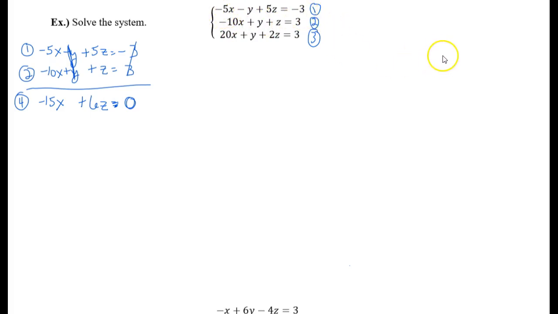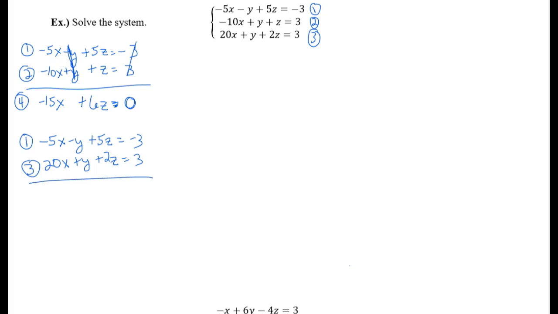So using equation 1, copying it down, I didn't have to multiply by any factors here. And then equation 3 this time. 20x plus y plus 2z equals a positive 3.